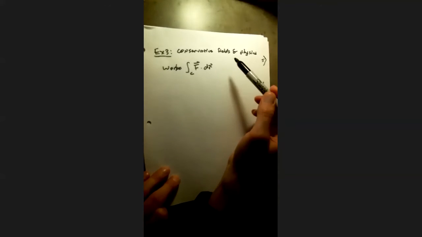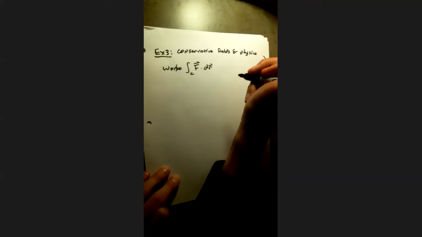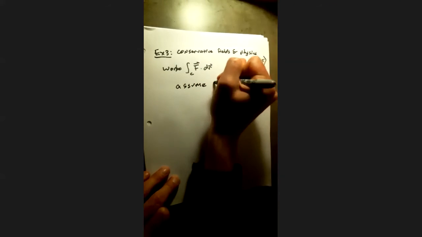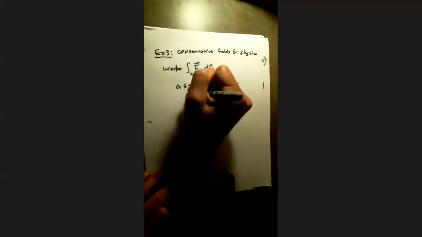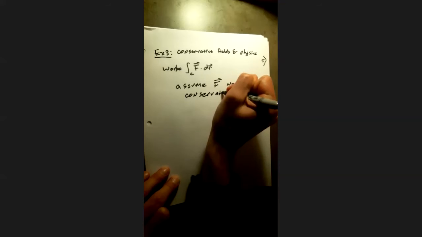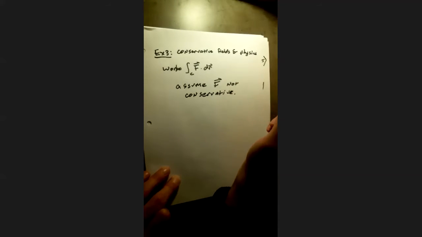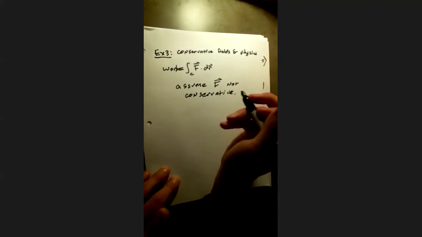So we're going to start by assuming that F is not conservative. Then the very first step in any sort of work integration is to parameterize.